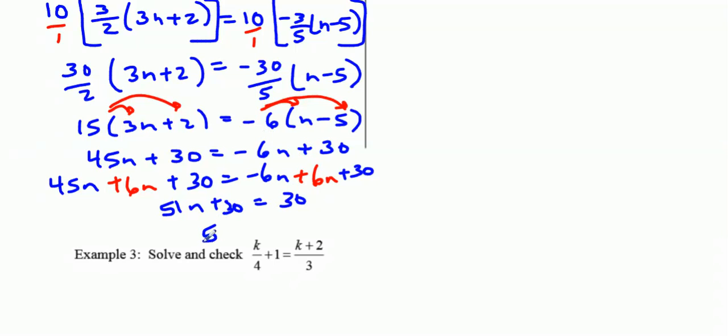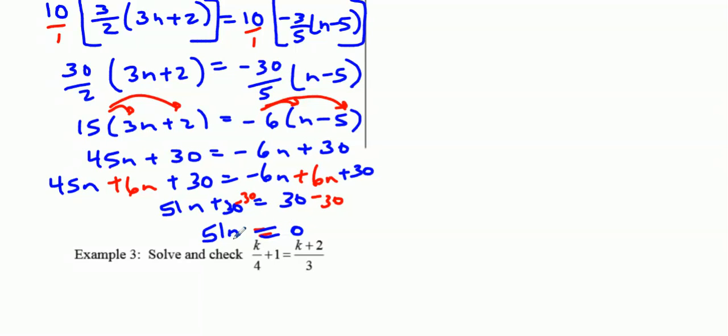And 51n then, when I subtract 30 on both sides, so I'm going to do minus 30, minus 30. Sorry, I'm just running out of room, so I cheated a bit. 51n has to equal then 0.